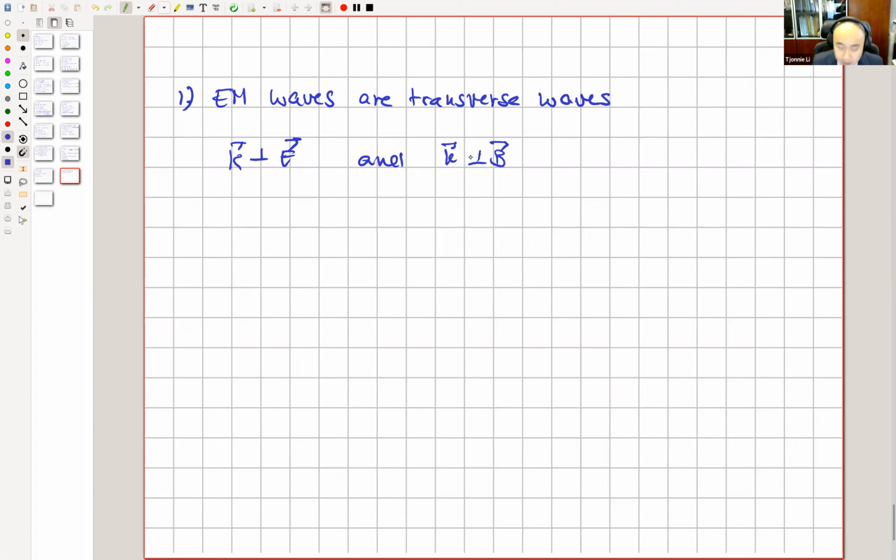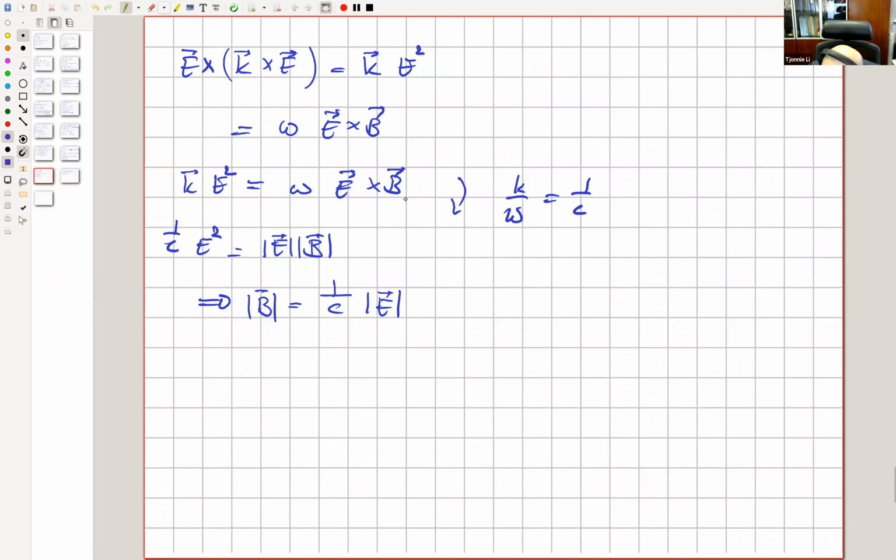Okay. And k is the wave propagation direction, or proportional to the wave propagation direction. Also know that in particular, k is proportional to E cross B. So this gives you the handedness of k, and then you can actually see that from this equation over here.